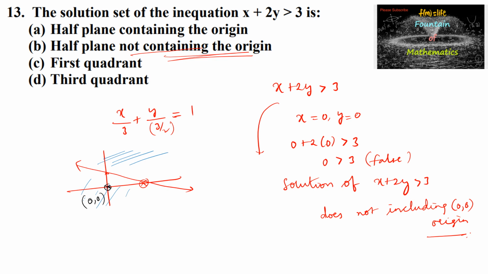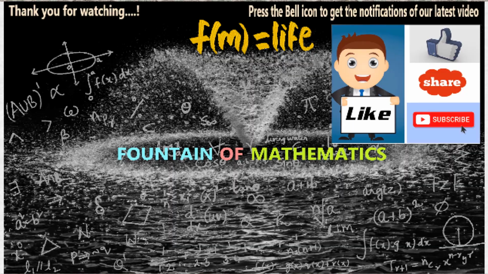If we verify with this point, since the line is not passing through the origin, we can just check with the origin 0 comma 0, and here you are getting 0 greater than 3, which is false, which indicates that our shaded region is not towards the origin, so it is away from the origin, meaning the other half plane. So option B is the answer.